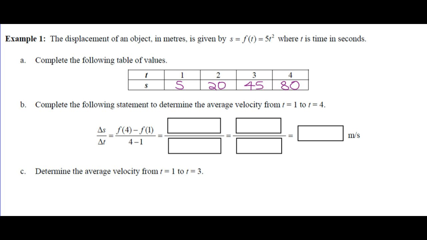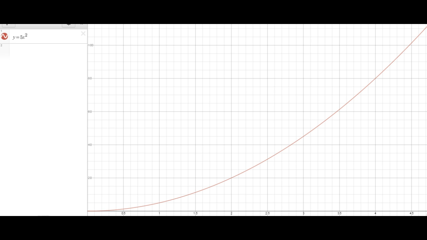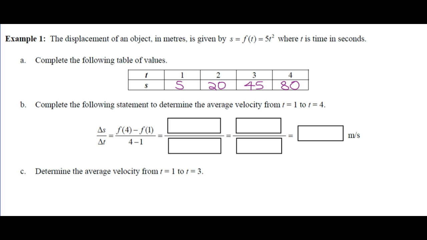Complete the following statement to determine the average velocity from time 1 to time 4. Here we're looking at the slope of this line, from time 1 to time 4. The change in displacement is f of 4 minus f of 1, or 80 minus 5, over 4 minus 1, which is 3.